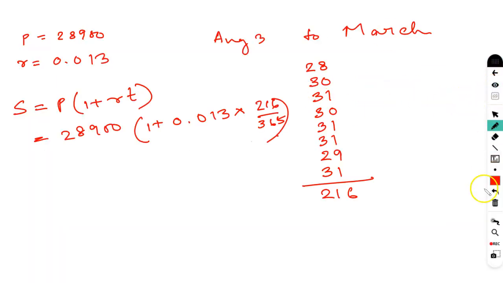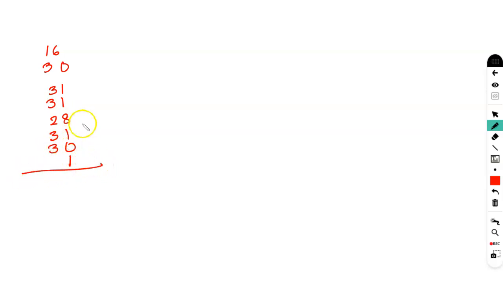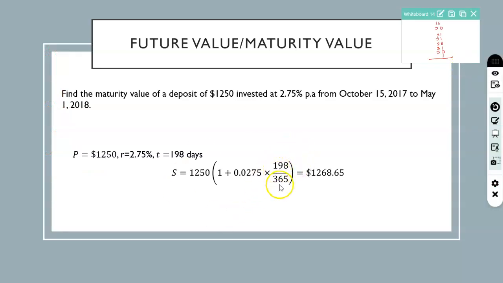October there is 15 days over, so remaining 16 days in October, November, December, January, and then February, because 2018 is not a leap year, so it is 28 days in February, March, April, and May 1st. If you add all these, you should get 198 days. So total 198 days, and if you convert it into years, 198 over 365.